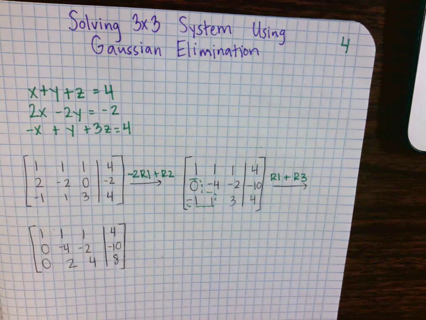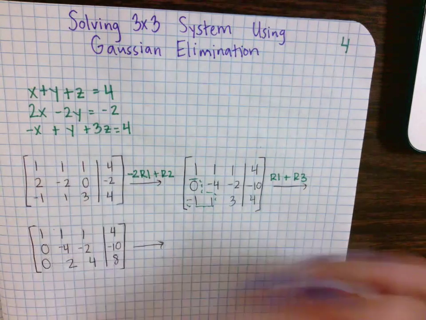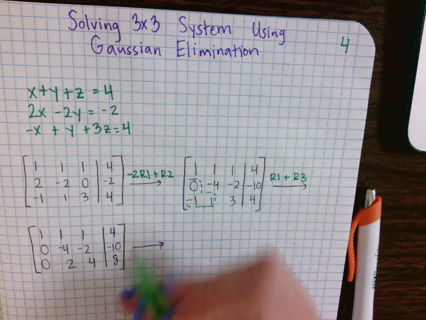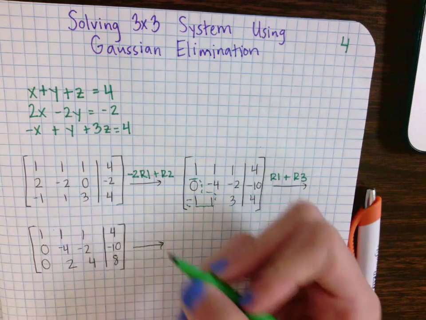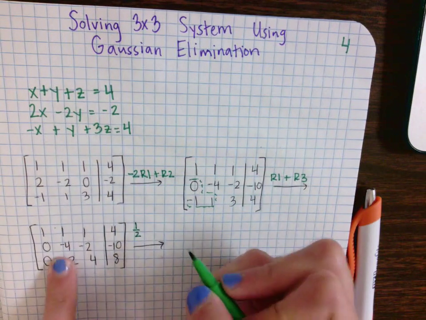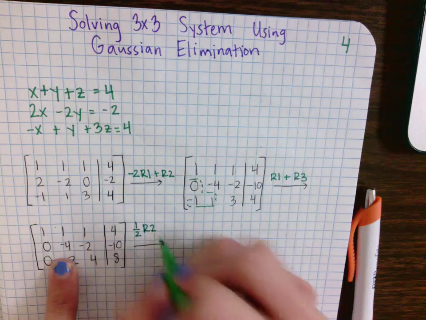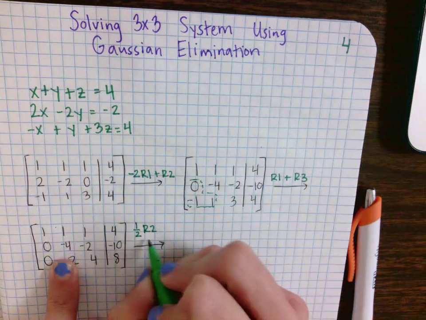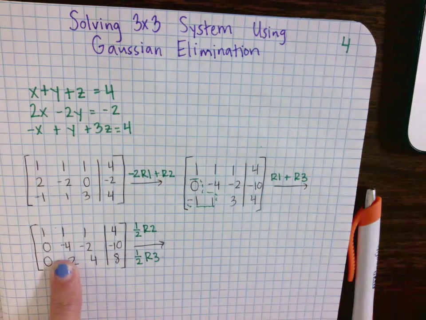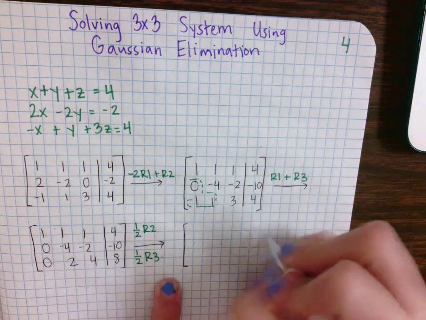Okay. Now, when you're doing Gaussian elimination, you don't necessarily use division; you do multiplication by fractions, which is basically the same thing. So you're going to do a combo step. You're going to multiply row 2 by 1/2, and also multiply row 3 by 1/2. You're going to have this new matrix.